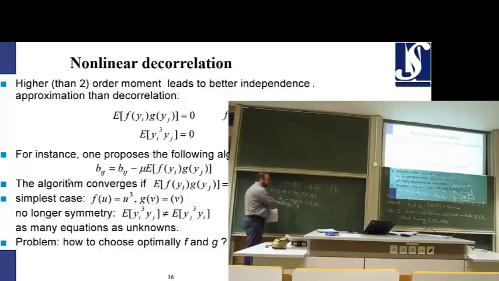And the capital letter with the underbar is always a matrix. Here, based on the assumptions of ICA, this matrix is full rank and quadratic.